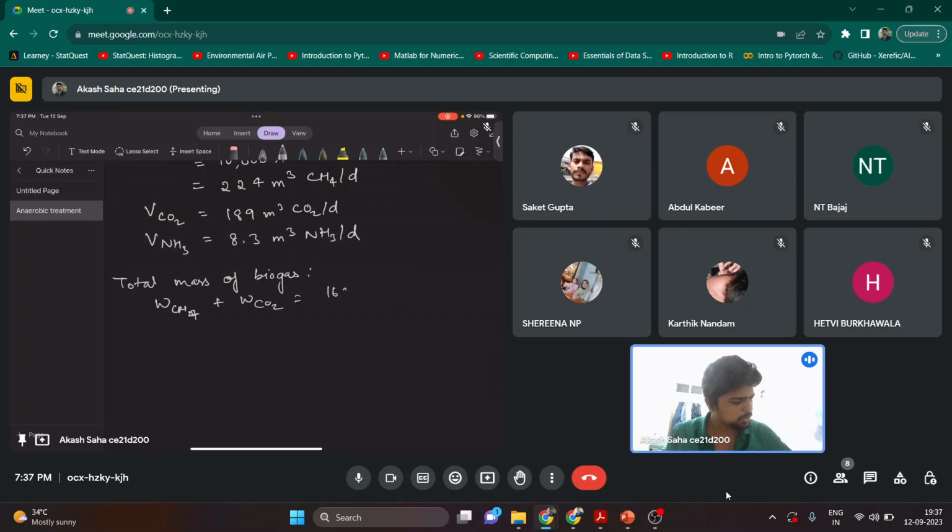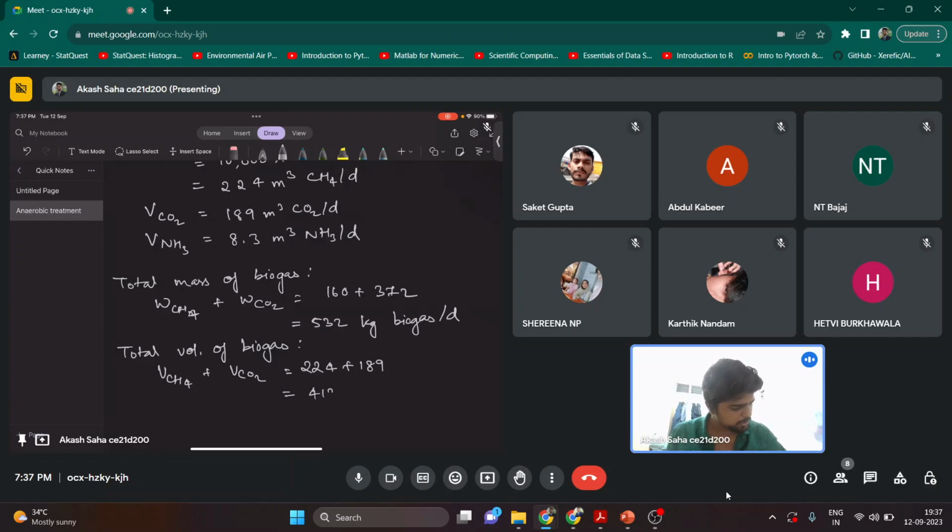So it will be 160 plus 372, that is 532 kg of biogas per day, and total volume of biogas, again VCH4 plus VCO2, it will be 224 plus 189 equal to 413 meter cube of biogas per day.